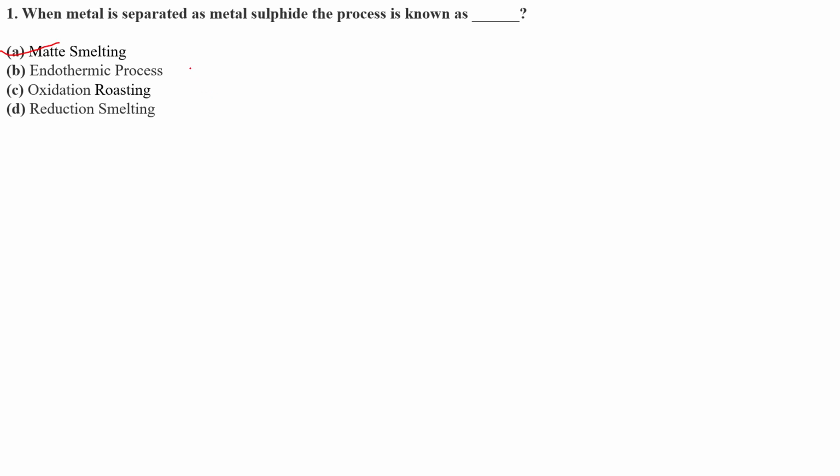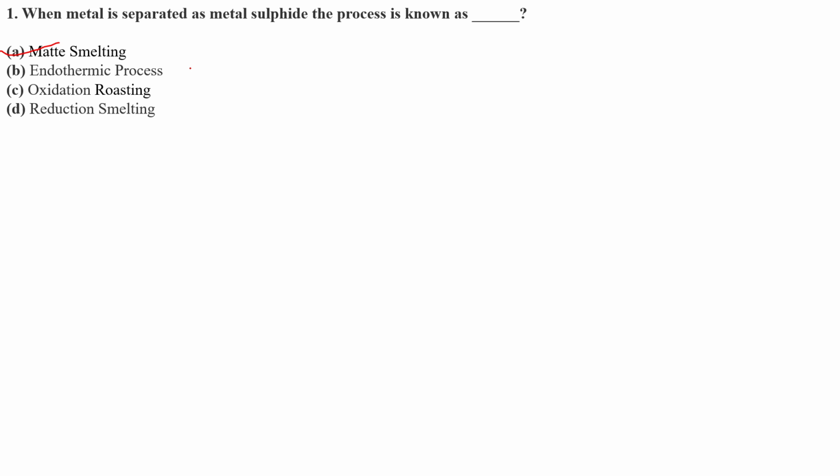For an endothermic process, a common example is the calcination of calcium carbonate into calcium oxide and CO2 gas.